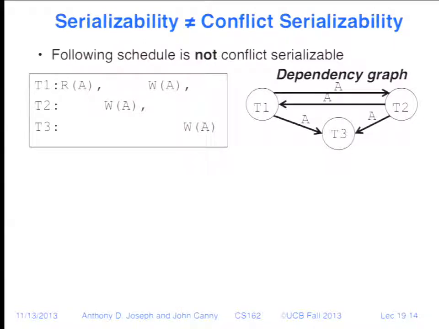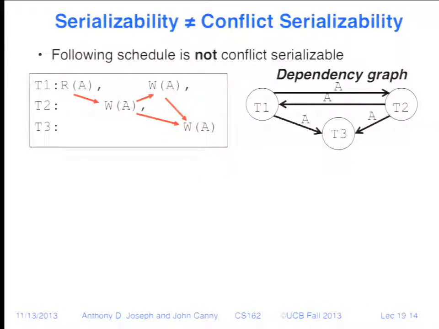Before we do that, here's an example of something that is serializable, but not conflict serializable. It has a bunch of conflicts which prevent a simple serial ordering. So here they are, and here's the dependency graph. You can see there's an ordering, T1 should be before T2, so as not to violate that constraint. But there's one back the other way as well. There's two writes, which is trying to force T2 before T1.